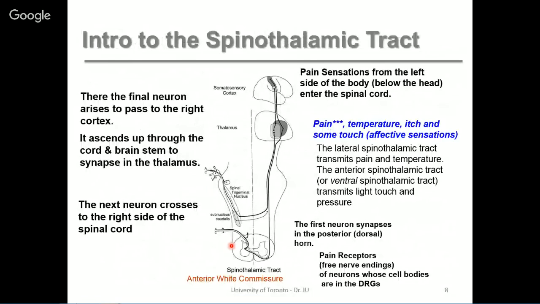I know this slide is a little different than the one that you have, but from the slide that you have, when we're talking about the spinal thalamic tract, I'm going to ask you a question about the spinal thalamic tract. It is inevitable that you're going to get a spinal thalamic tract question, okay? At least one, by the way. So at least one question. You should know, for example, that there is a difference between the anterior and the lateral spinal thalamic tract.